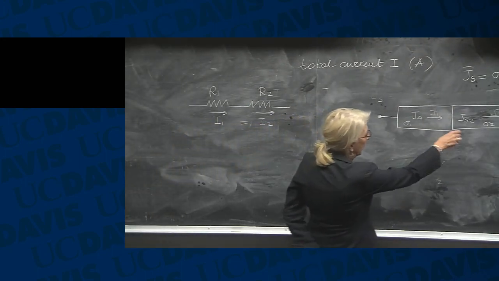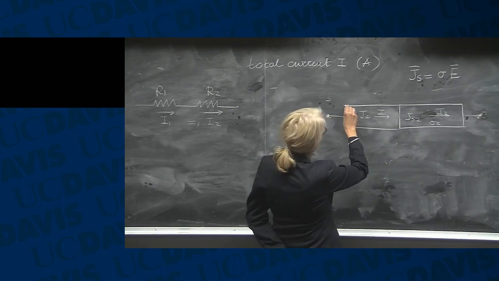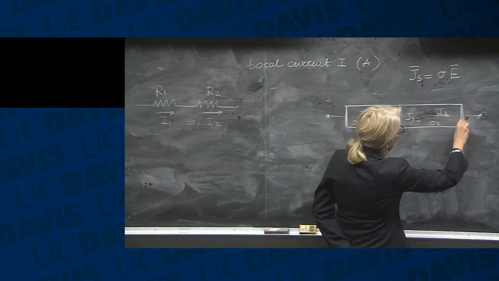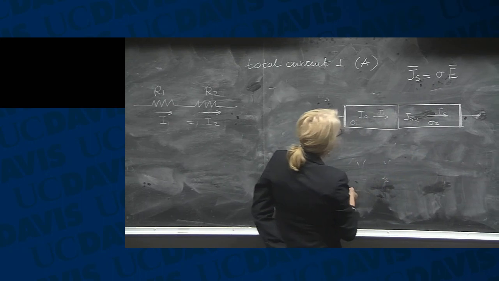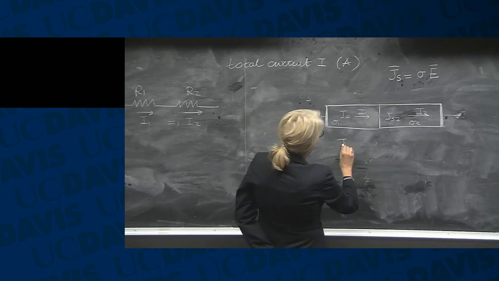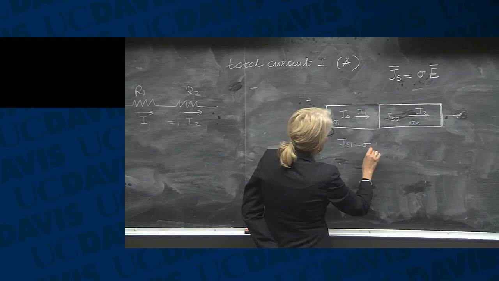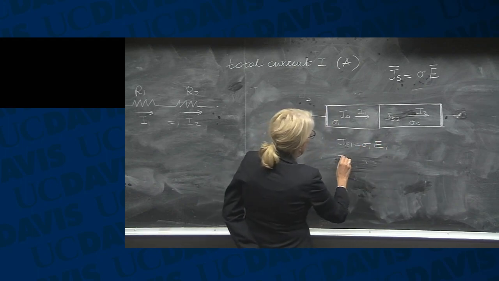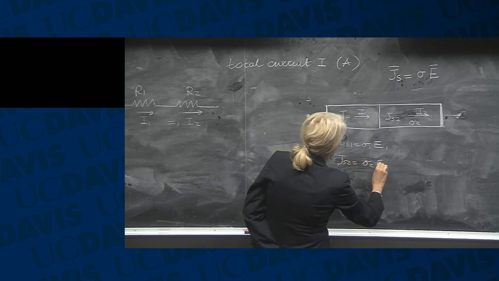What if we are to solve this problem? First of all, we create an electric field, the same way we did before. We put positive charges here, negative charges there. We have JS1 to be sigma 1, E1. We have JS2 to be sigma 2, E2.